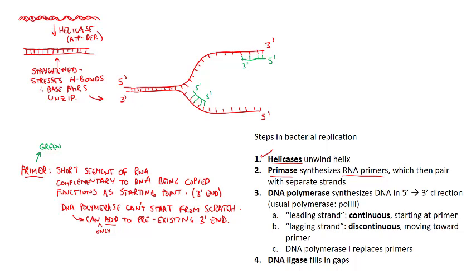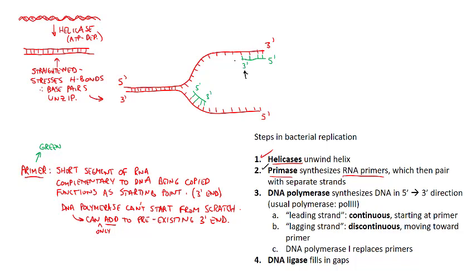All right, next, step 3. We have a free hanging 3' end that DNA polymerase can add on to, or at least use as a starting point. So when we go from step 2 to step 3, the DNA polymerase starts to synthesize DNA in the 5' to 3' direction. When I say in the 5' to 3' direction, I mean on the DNA molecule that is being made, right?